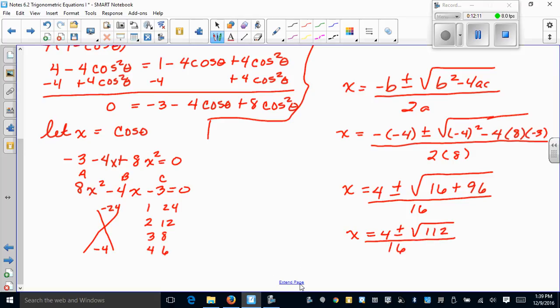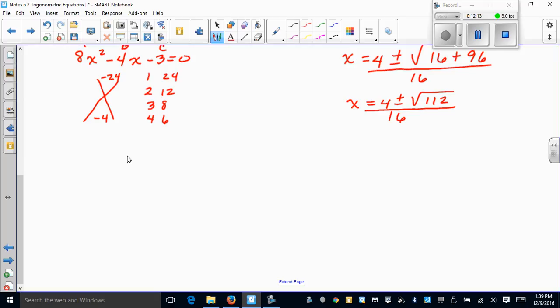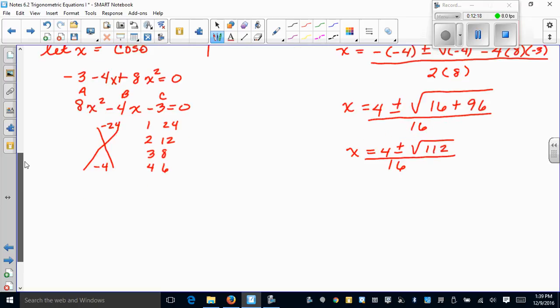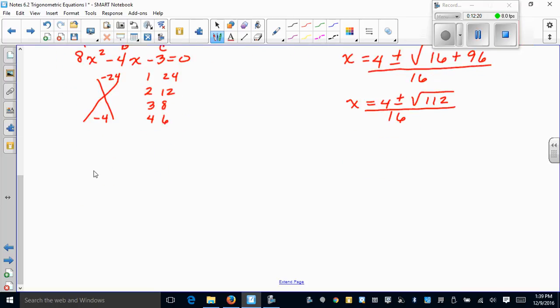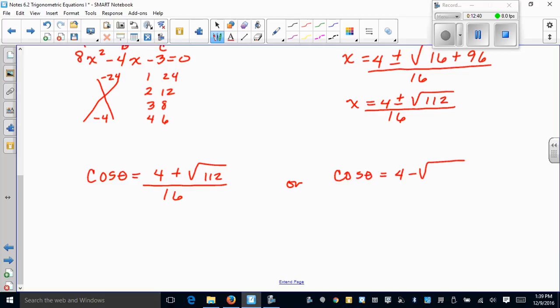Again, you do not have to reduce this. I would actually tell you not to. You just got to separate it with this plus minus. Reminder, x was cosine. Cosine of theta equals 4 plus the square root of 112 all over 16, or cosine of theta equals 4 minus the square root of 112 over 16.